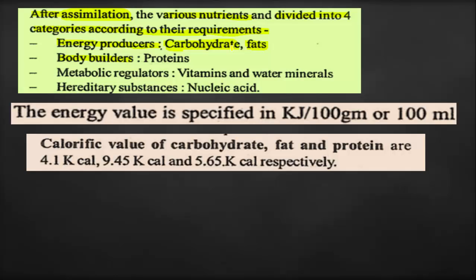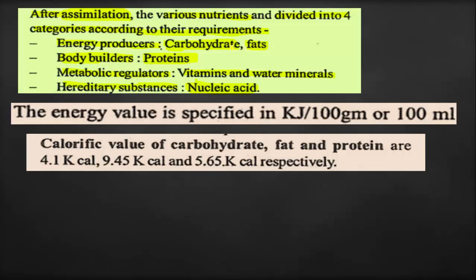Bodybuilders are nothing but proteins, to produce different body structures, body parts, because most of our body is made up of proteins. Metabolic regulators: vitamins, water and minerals. Then hereditary substances, they are nothing but nucleic acids.